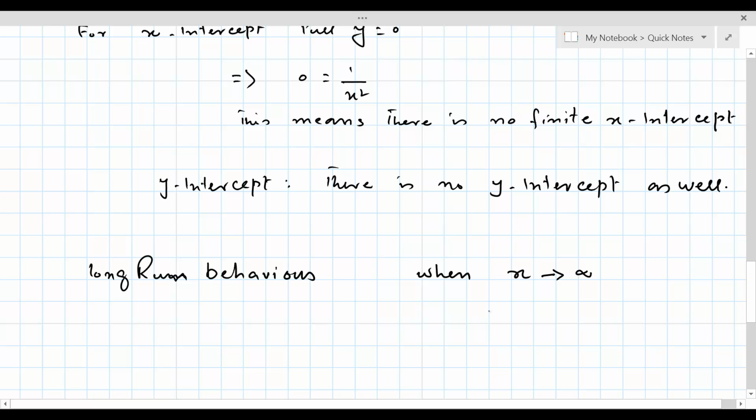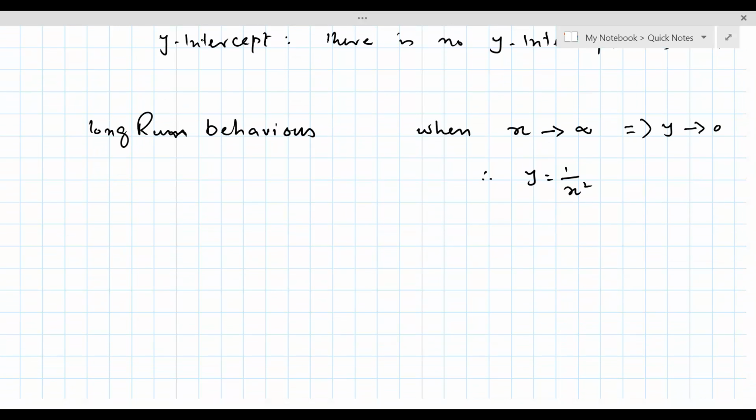Here you can see that y is equal to 1 over x square, so y approaches 0. So for very large values of x, the graph of the curve gets closer and closer to the x-axis so that y becomes almost equal to 0.